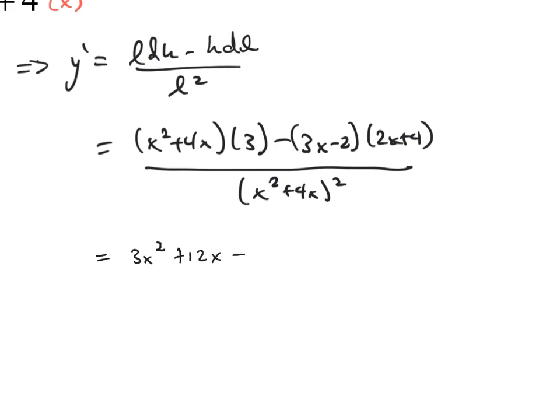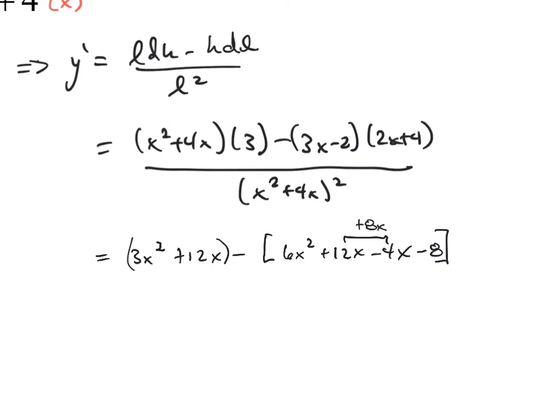And then let's do minus, and it doesn't matter if I do parentheses or brackets. So I'm going to do 3x times 2x. I'm FOILing it out. 3x times 2x is 6x squared. 3x times 4 is plus 12x. Minus 2 times 2x is a minus 4x. And minus 2 times a positive 4 would be a minus 8. So combining that, 12x minus 4x, that would be a plus 8x.